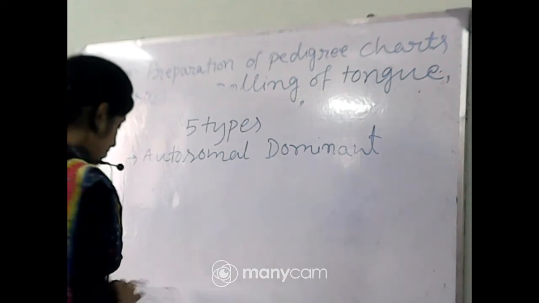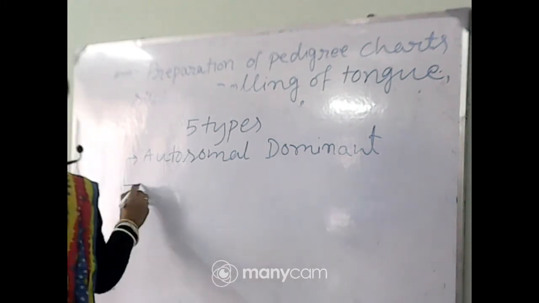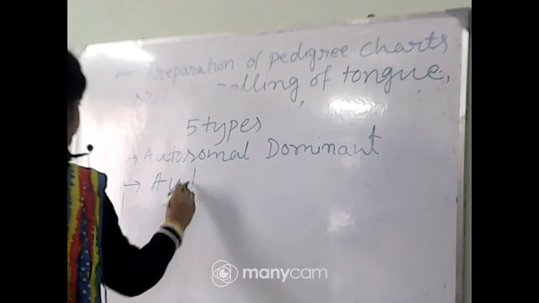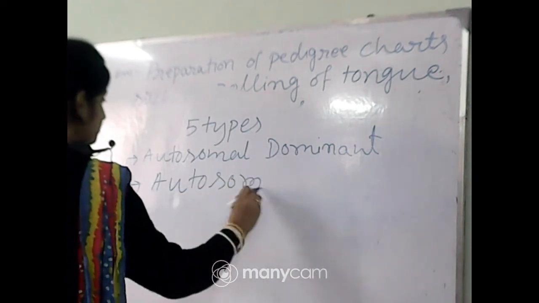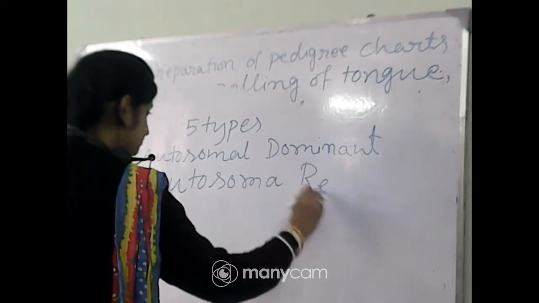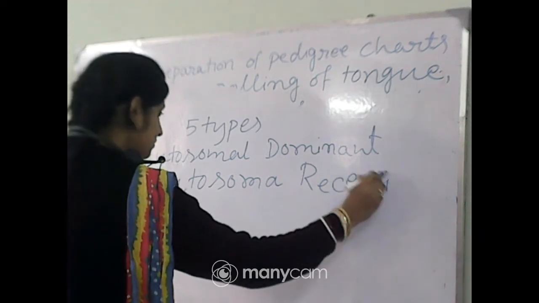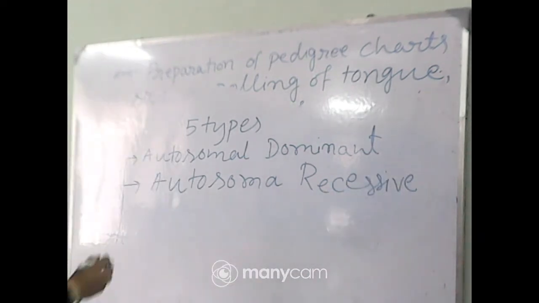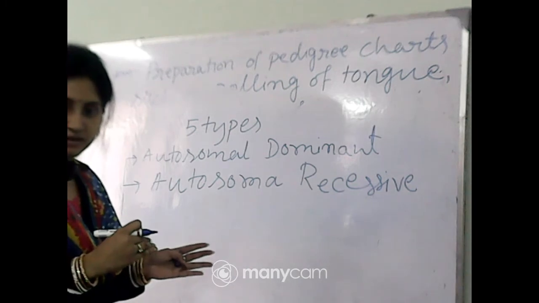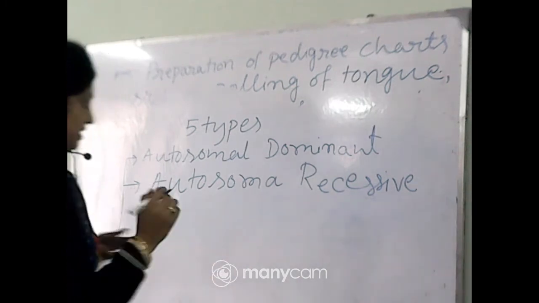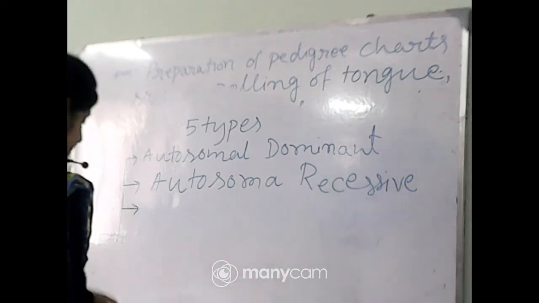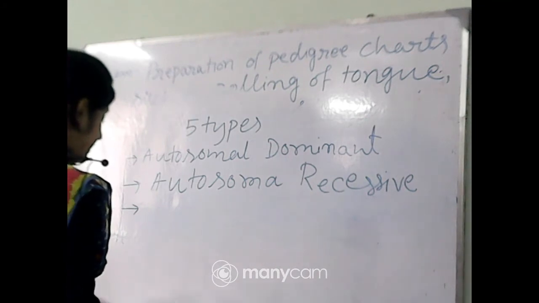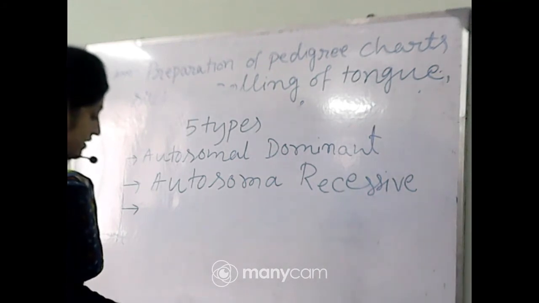Next one, autosomal recessive. This is autosomal recessive, means recessive genes are affected, not dominant genes. Next one, X-linked, sex-linked dominant or X-linked dominant.